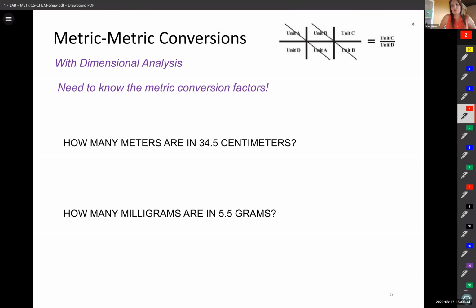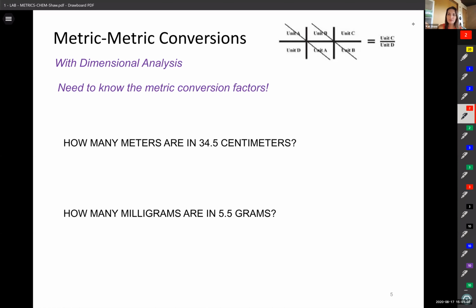So with metric conversions, in your lab manual on page 6, I believe, that page begins with what's called dimensional analysis, which is the way that we can cancel out our units in order to convert within the metric system.